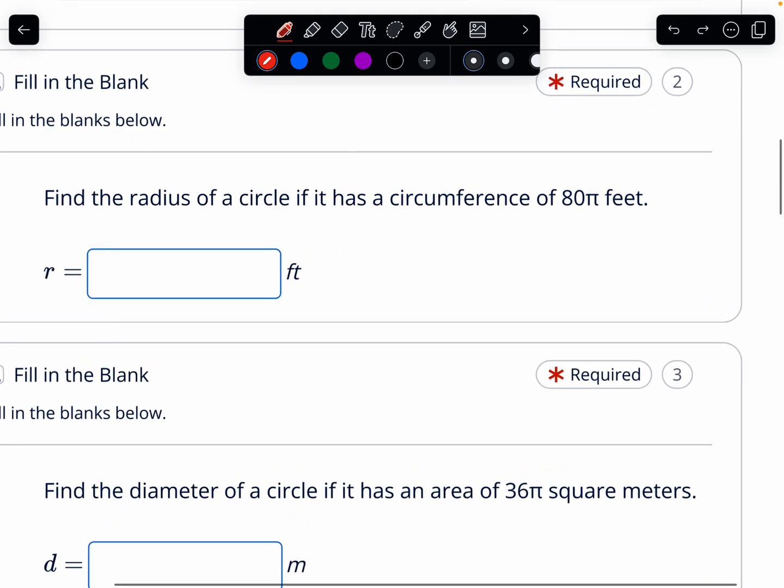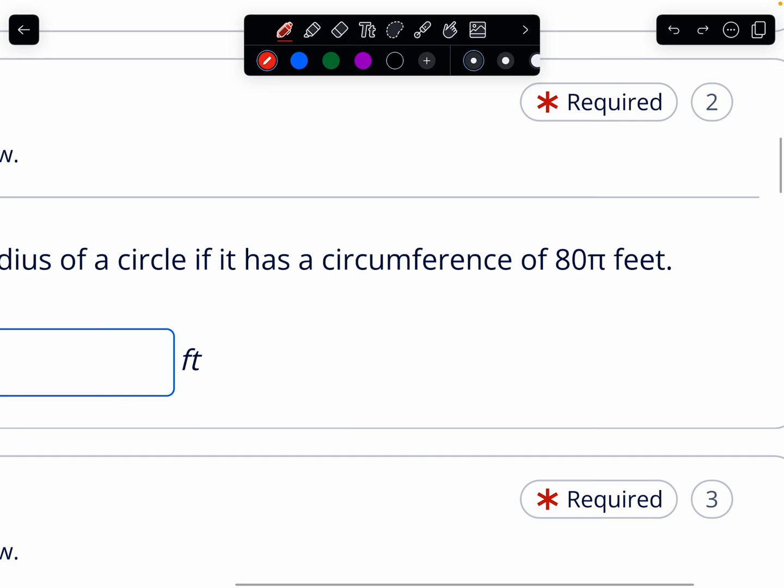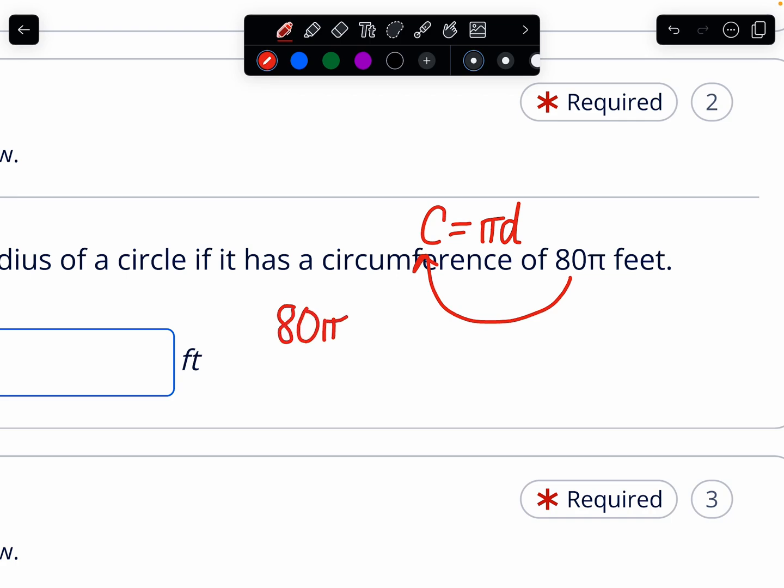So the first one says, find the radius of a circle if it has a circumference of 80 pi. So remember, your circumference formula is pi times diameter. So that means I should be able to plug 80 pi, which is the circumference, in for C and get this: 80 pi equals pi times diameter.